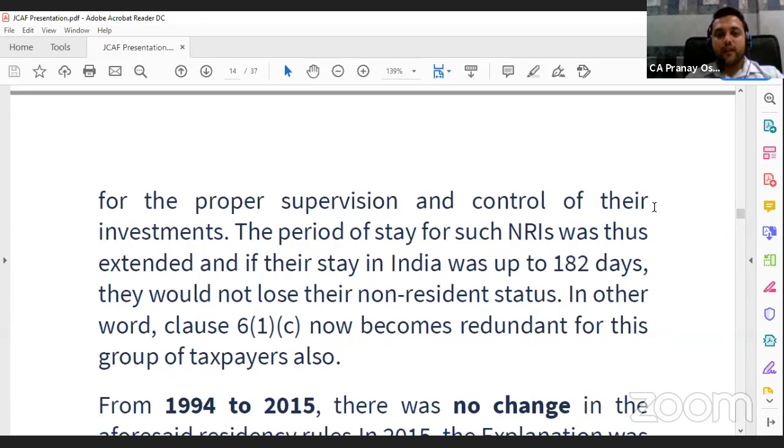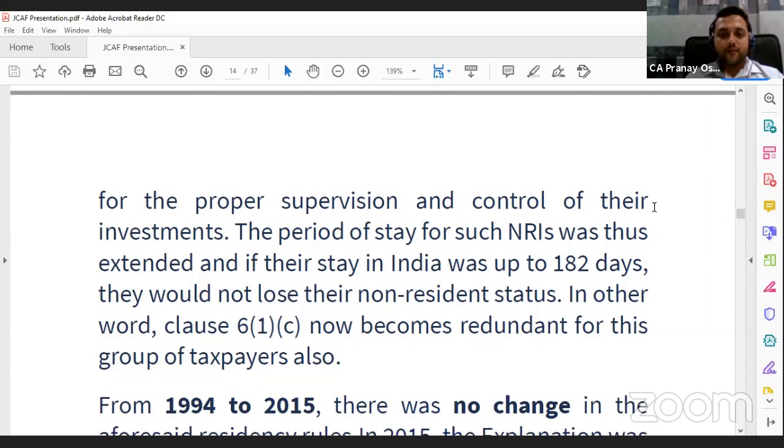So basically, for NRIs, initially the term was 150 days. There were various representations from non-resident individuals that they need to visit India frequently, as mentioned earlier, for managing their investments, and they should not lose their non-resident status even if they stay in India for more than 149 days.